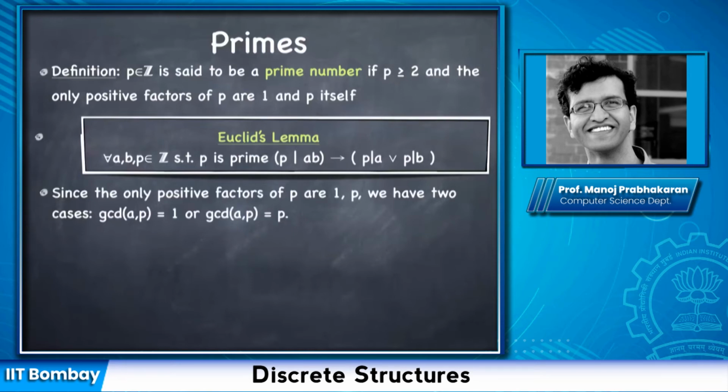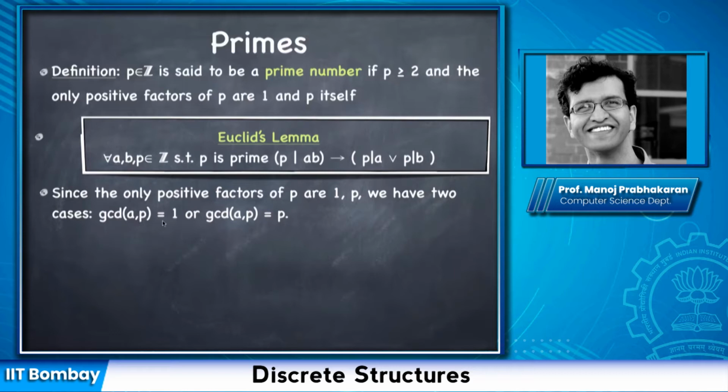How do you prove this? So we'll consider two cases, depending on whether the prime number divides A or not. More precisely, let's look at the GCD of A and P. Okay? Since GCD is a common divisor and P has only two divisors, 1 and P itself, the GCD has to come from one of these two divisors.